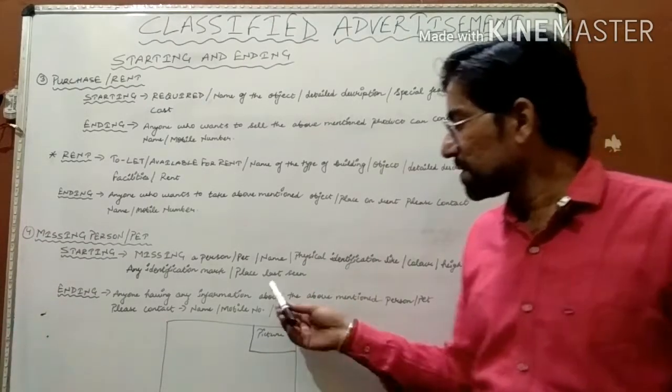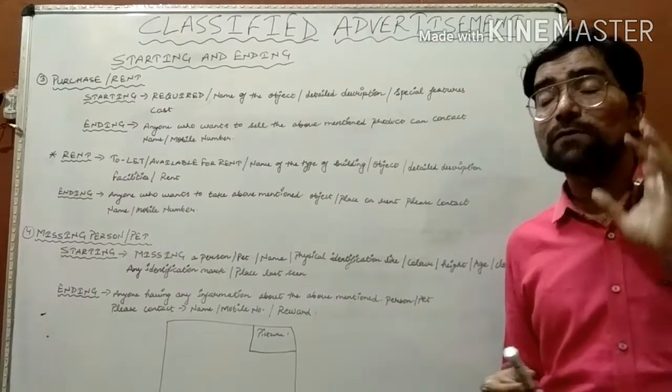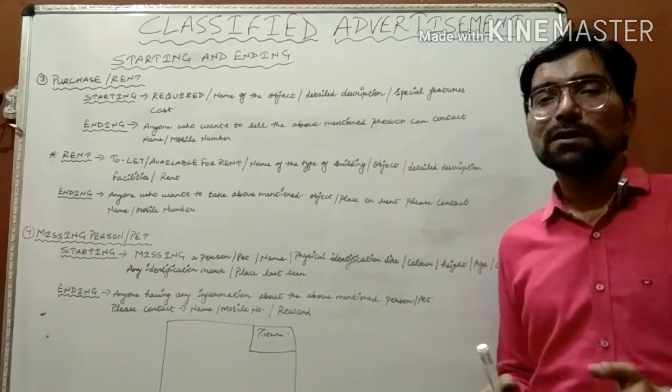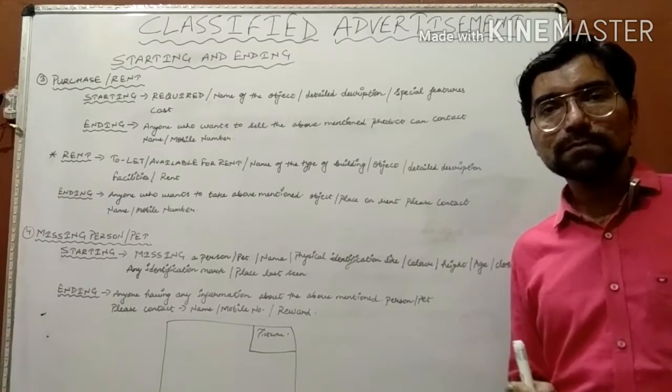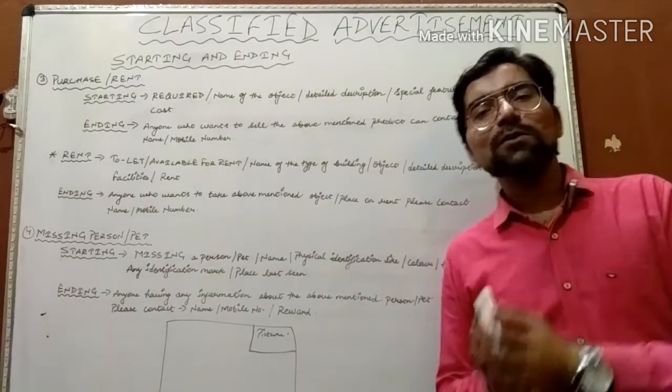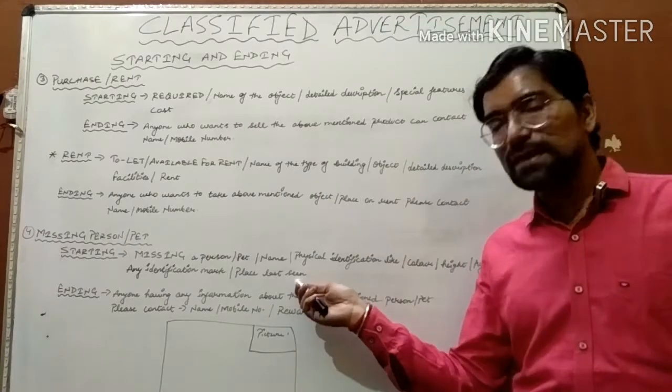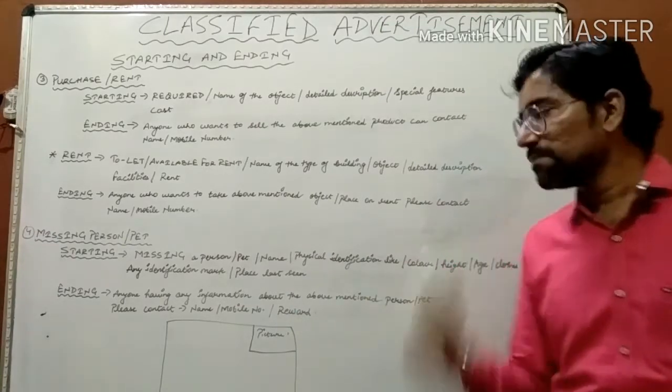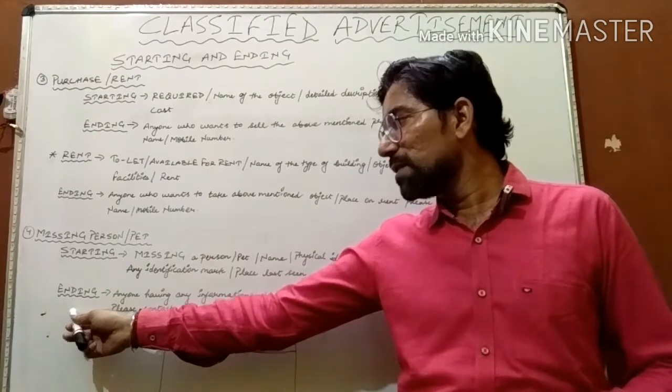Lastly is the place from where the person or the pet is lost, or last seen. You have to disclose that place. And then after going here, we have to see the ending.